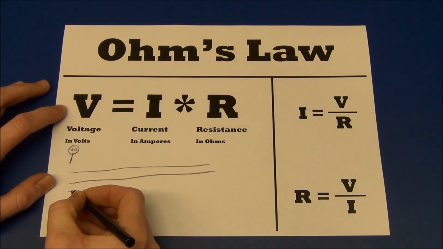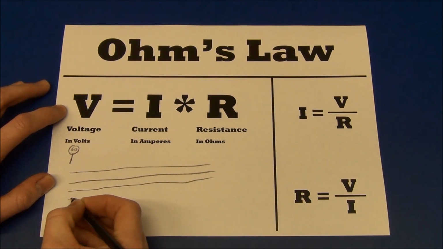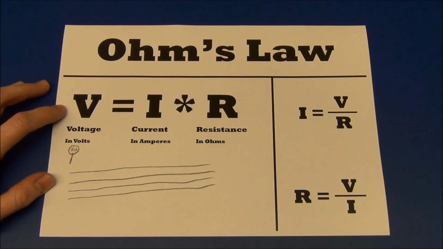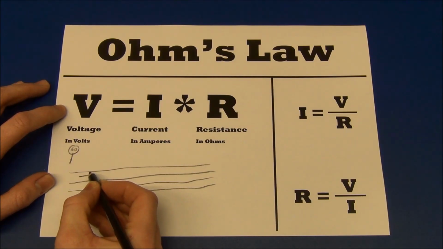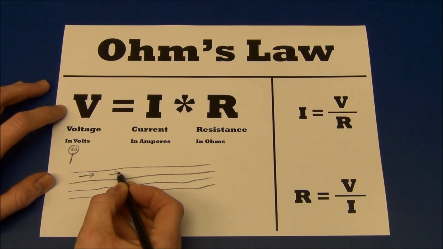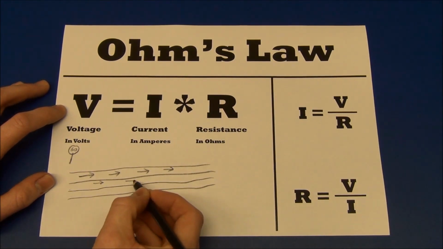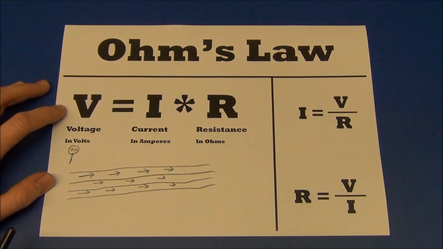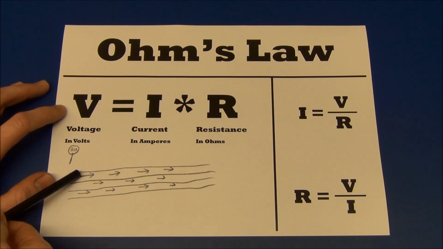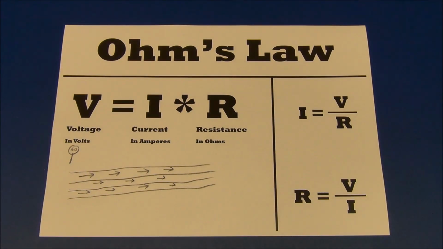If we have a road with 3 lanes, we can have more cars getting through than if we had just 1 lane. So we can now imagine the current as being the number of cars that can get through here.